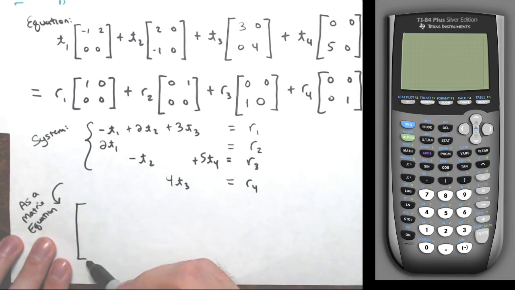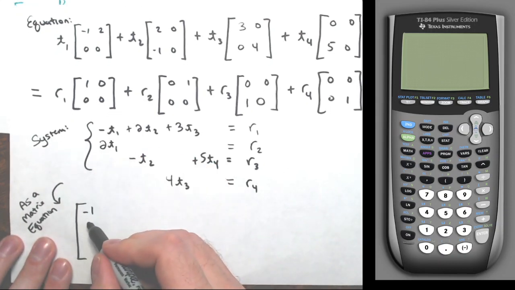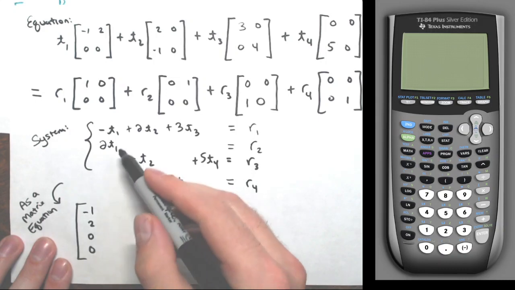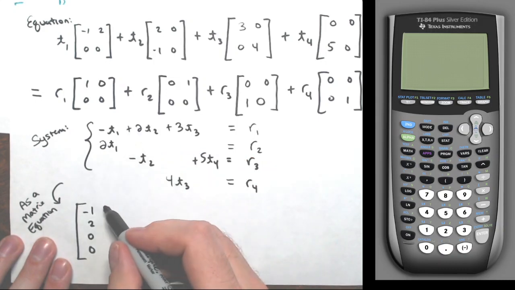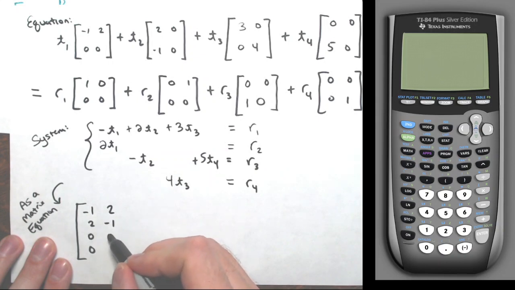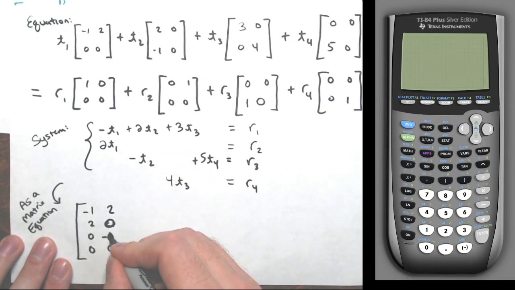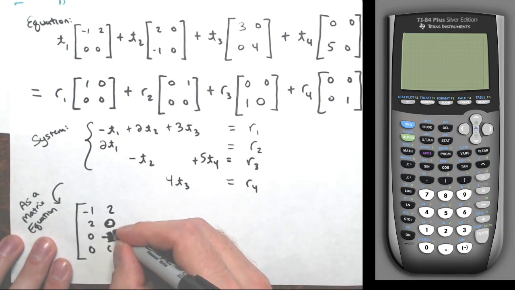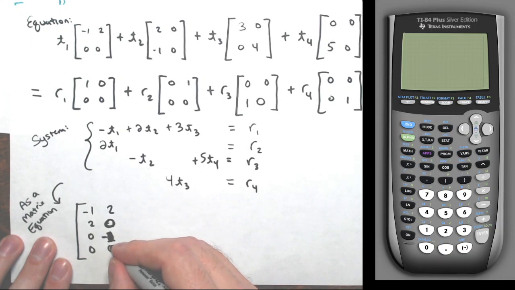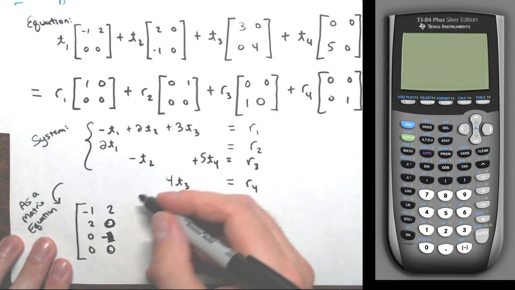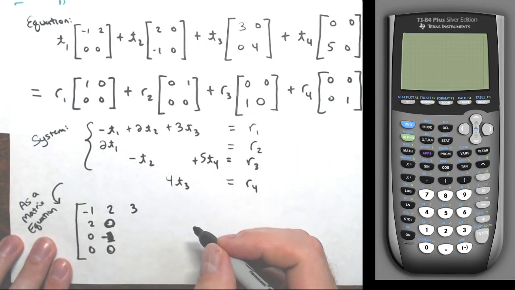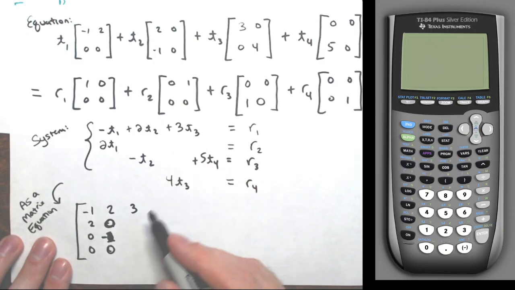Down the first column, the coefficients of t1, negative 1, 2, 0, 0. Down the second column, the coefficients of t2, 2, 0, negative 1, 0. And the third column, coefficients of t3, 3, 0, 0, 4.